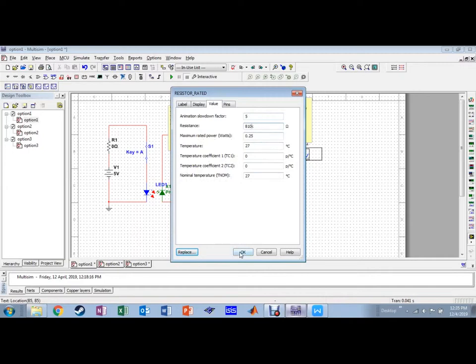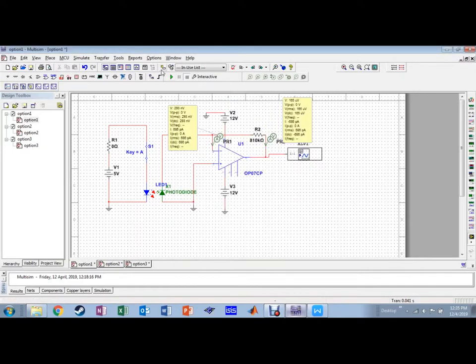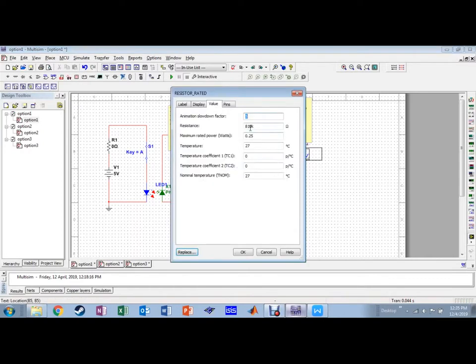Let's try with a bigger value, 810k. Try to run it. As I mentioned before, the value at point D remains the same. Meanwhile, the value at point F changes to 556 microvolt. The current remains the same. Let's try 1 mega ohm.